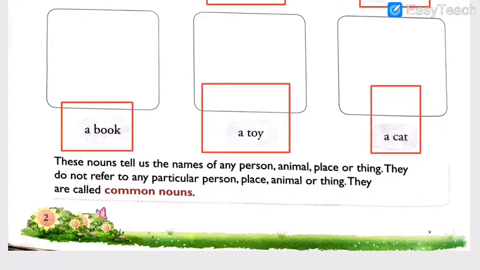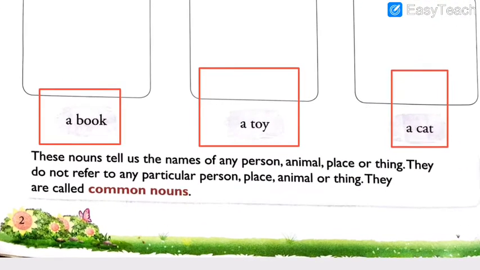Oh, there is something written. Let us read. These nouns tell us the names of any person, animal, place or thing. They do not refer to any particular person, place, animal or thing. They are called nouns.